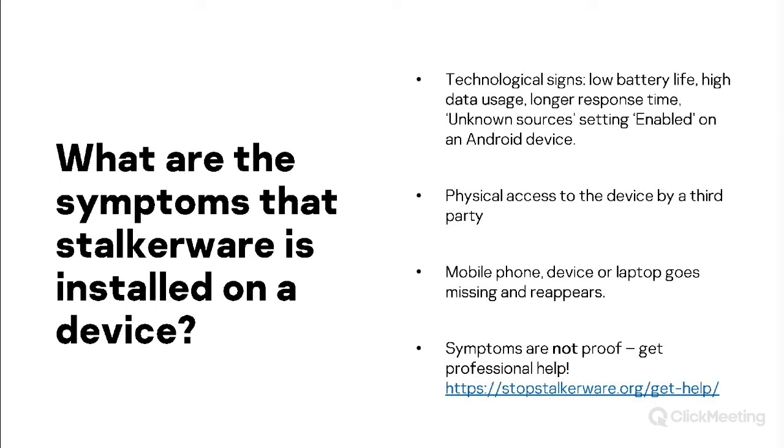So low battery life, when the battery is drained very quickly. High data usage is also a sign, if suddenly the mobile data is used all up. Longer response time, because of course all the time there is some information exchange. So when the phone is really working slowly, those are all symptoms. And definitely look at whether the unknown sources setting is enabled on Android, what we have seen in the beginning when I was explaining the step-by-step installation of Stalkerware.